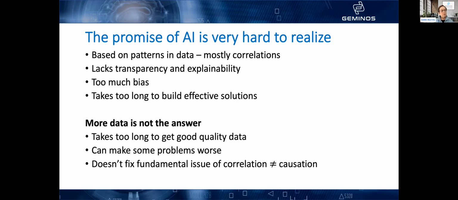Once we see that this bias has been introduced, we can go into the model and into the data and remove that bias so that we have a clear understanding of the data. Approaching it without explainability and without transparency really gives us a problem, because it will simply take too long to get the type of quality of data that we're looking for. If we can move to the next slide.